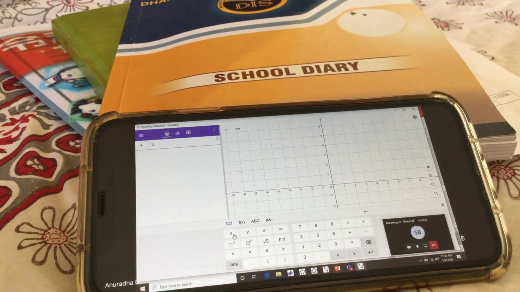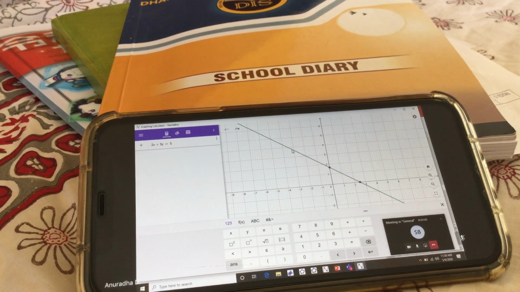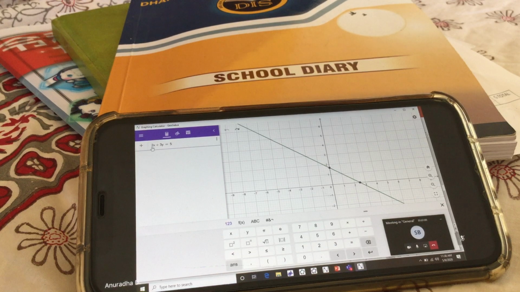So if it is 2x plus 3y equal to 0, here is the line. What happens when the 0 becomes 5? You can see the line moving. Whatever you want to input, you can write the equation and here comes the line. And automatically the intersecting points are also marked here.